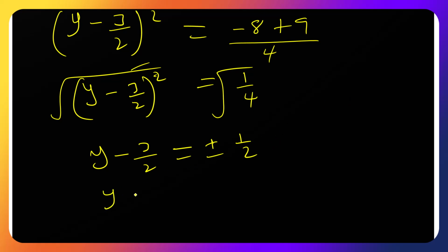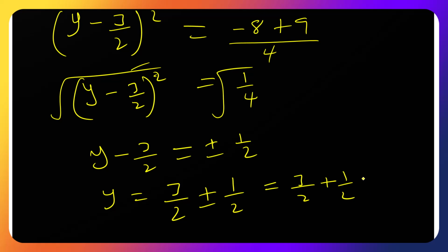So we have y equals 3 on 2 plus or minus 1 on 2. So this one is the same as 3 on 2 plus 1 on 2. So this one will be 4 on 2, which is 2.